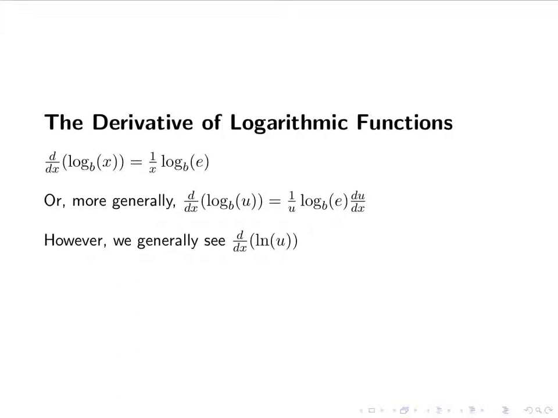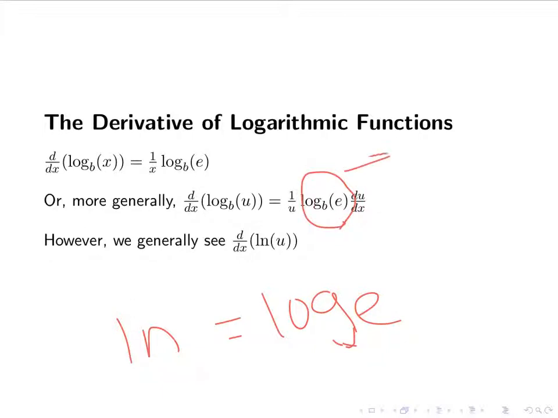Typically, our b is going to be e, so remember that ln is the same as log base e. And the really nice thing about this is that log base b of e is going to become ln of e, which is just 1. So that when I differentiate it, this guy over here is going to end up going away.